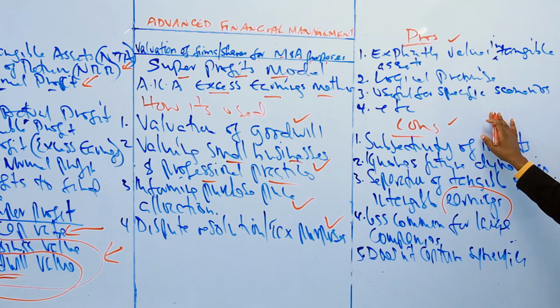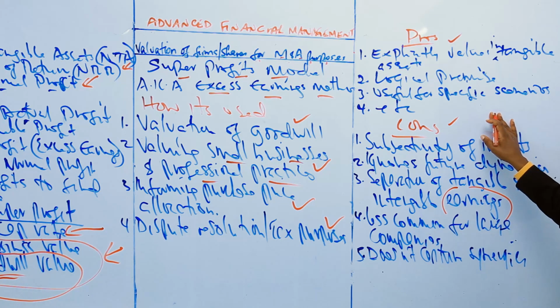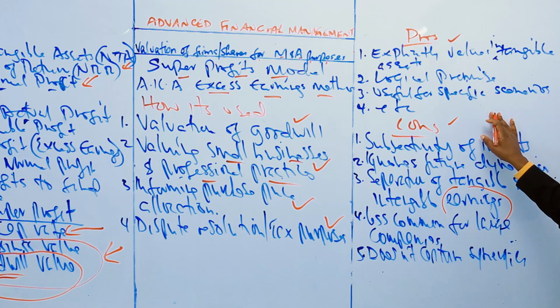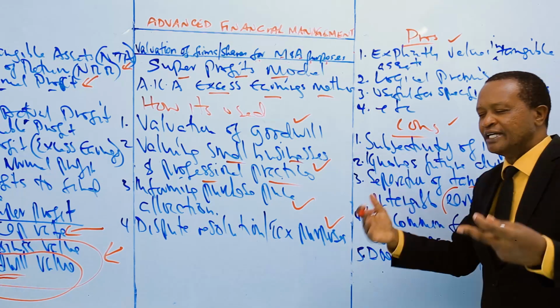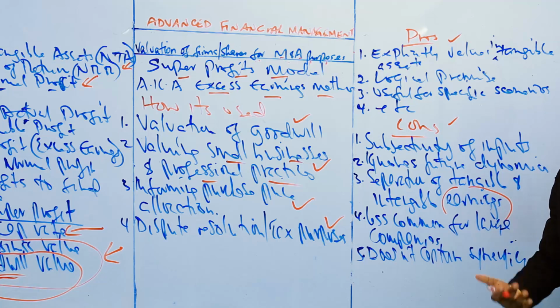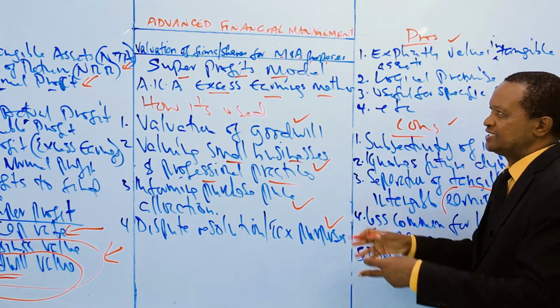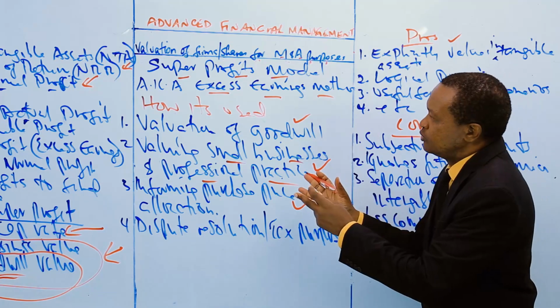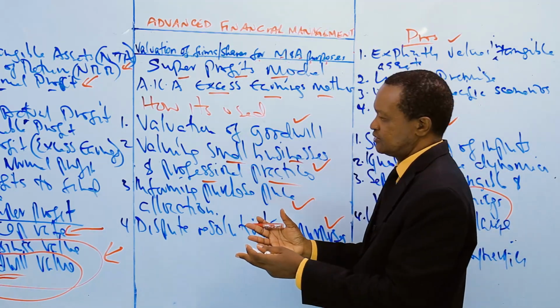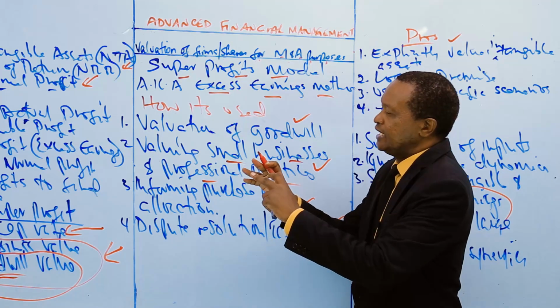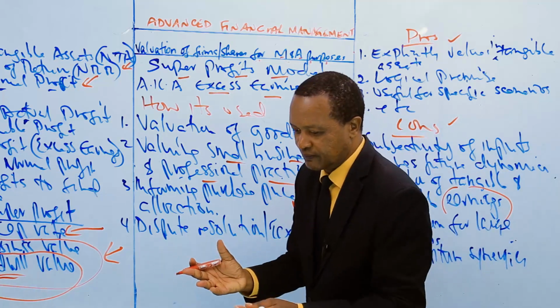And while useful for specific situations like valuing small businesses or for accounting and tax purposes, its subjective nature and limited forward-looking perspective mean it's usually used as a supplementary tool in mergers and acquisition valuations, where the discounted cash flow methods and the PE ratio methods take precedence. So it is just used as a supplementary tool because the super profit model does not value the entire business. It only helps us to value the intangible assets of a business that is being acquired.